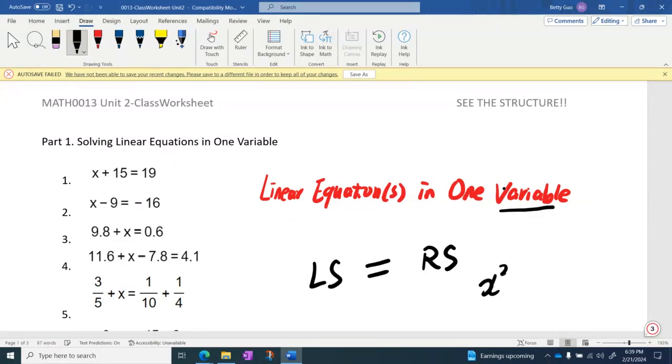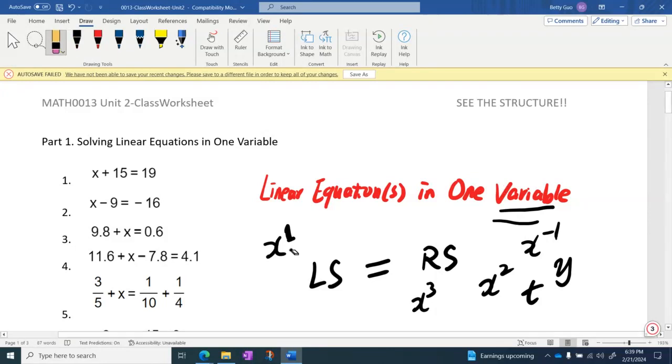You will not see x squared or x cubed or x to the power of -1. If the variable appears, the exponent has to be 1, and you will not see the 1 because we don't really write x to the first power. The variable could also be y or t or any other letter. Most of the time, I use x.